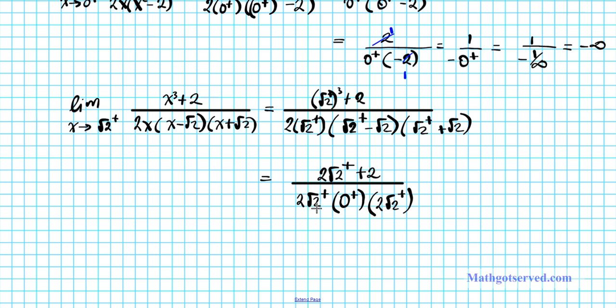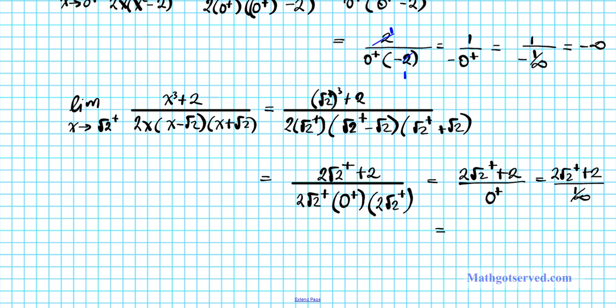Now what happens when you multiply all these values in the denominator? You're simply going to get a really small positive number. So this becomes 2 root 2 from the right plus 2 over, multiply all these together, a really small positive number. Okay? And then this can be written as 2 root 2 from the right plus 2 over 1 over infinity.